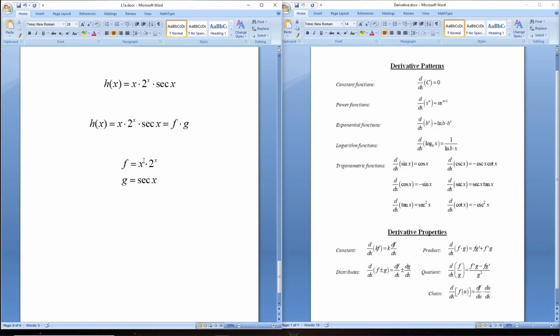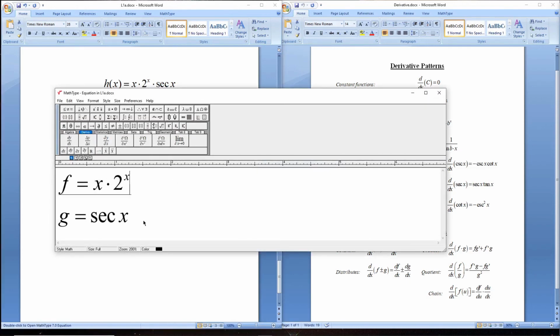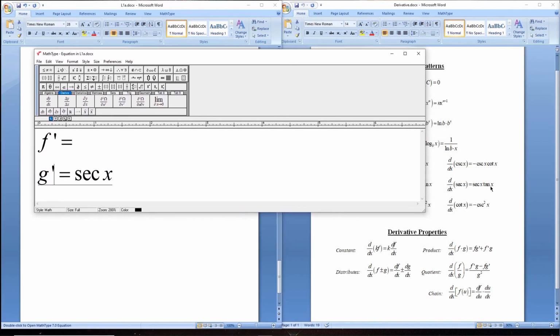And now our next thing to do here is to get the derivatives. And I'm going to do the secant one first, because we already have that derivative pattern here on the right. The derivative of secant is secant tangent.